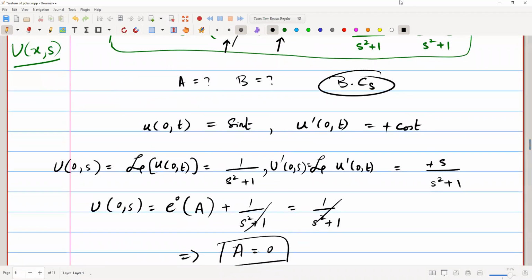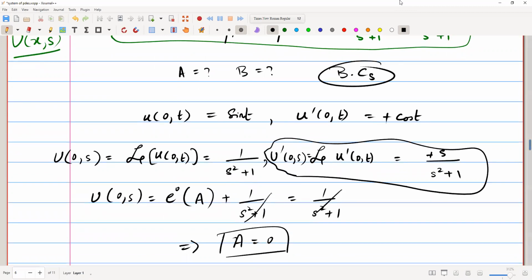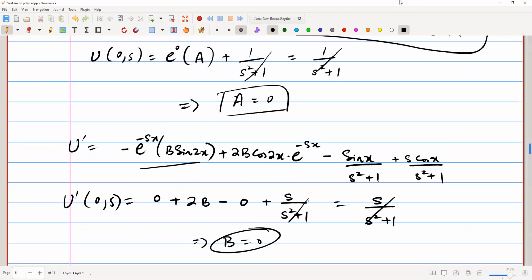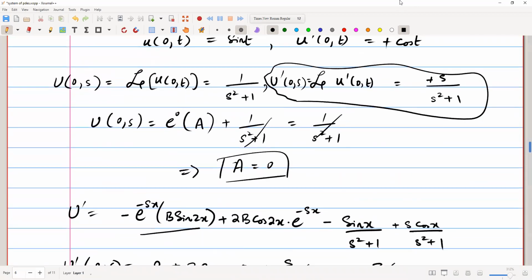Here this boundary condition will be applied, right? So this cancels out, and again what we get is b equals 0. So these constants are 0.